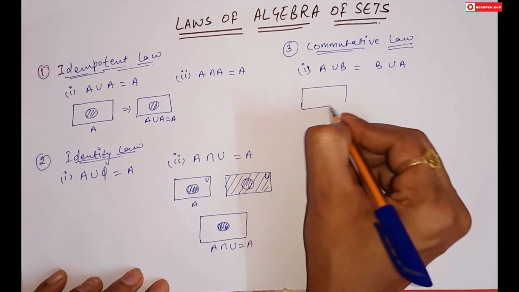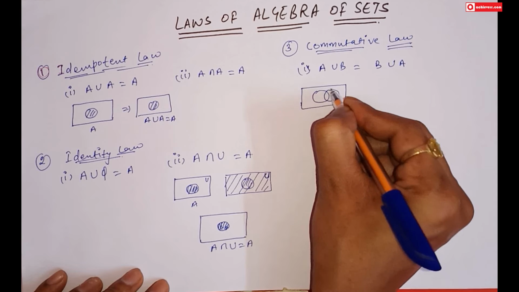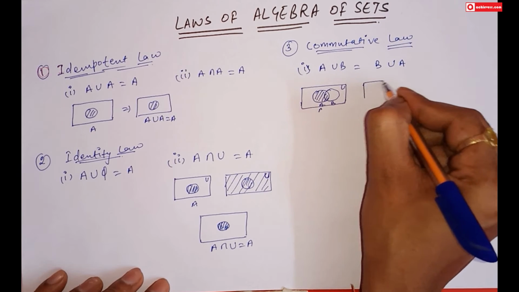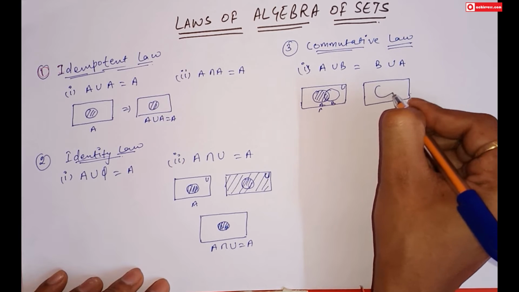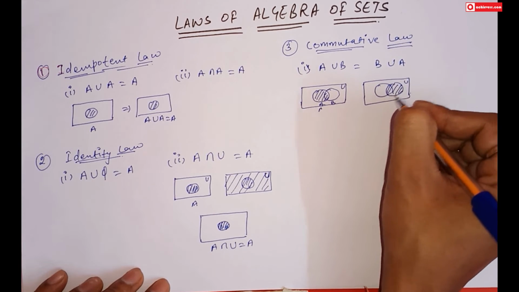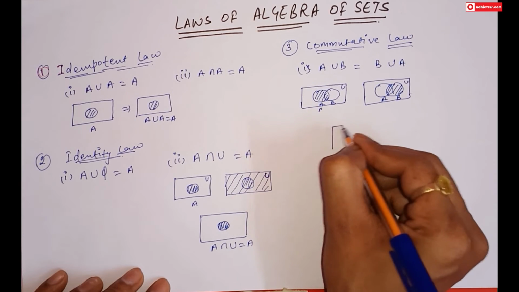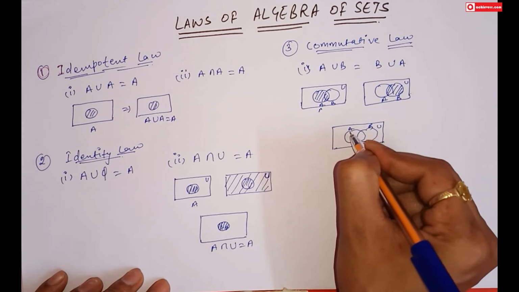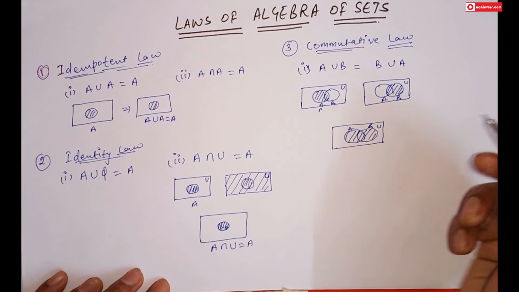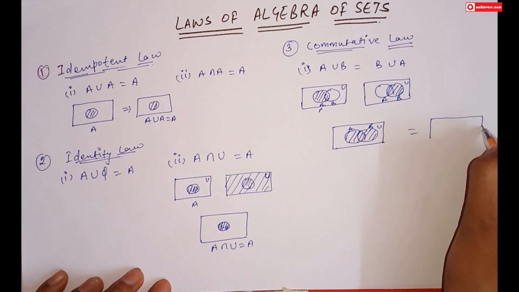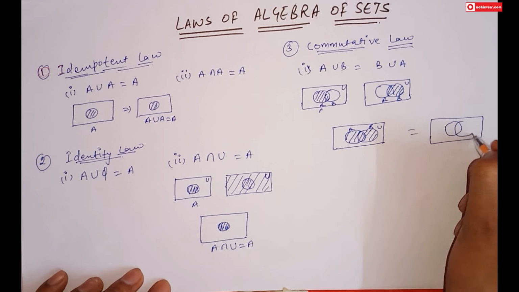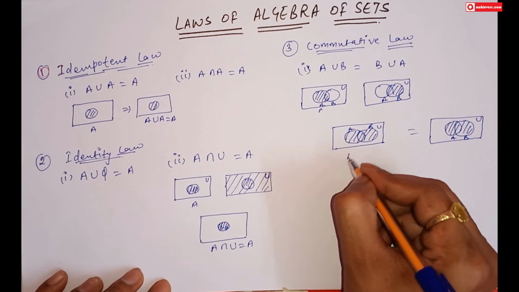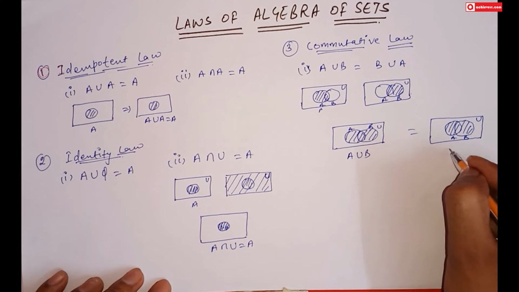Suppose we have set A and set B. This is A, this is B. And this one is A union B, which will be equal to B union A. So this is A union B and this is B union A.